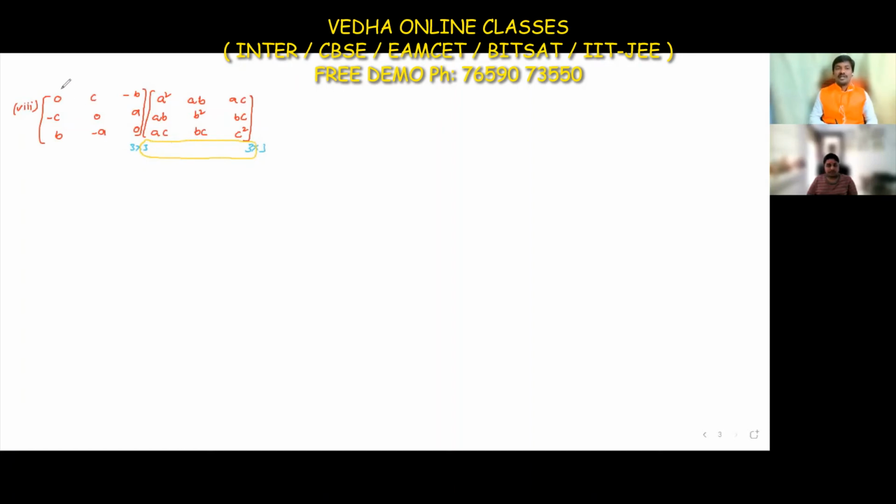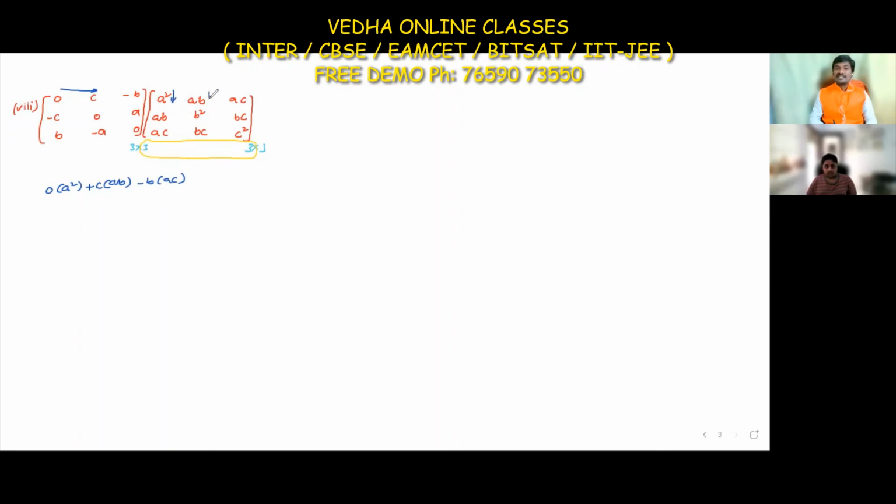Now multiply. First matrix, first row with second matrix, first column. So here 0 into a square plus c into ab minus b into ac. First row with first column completed.